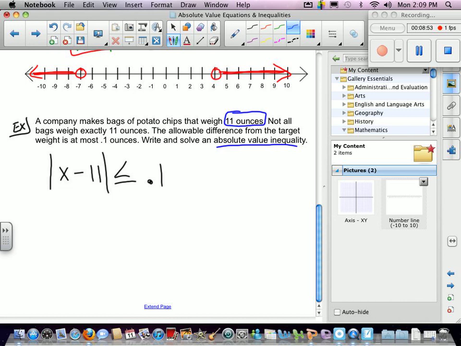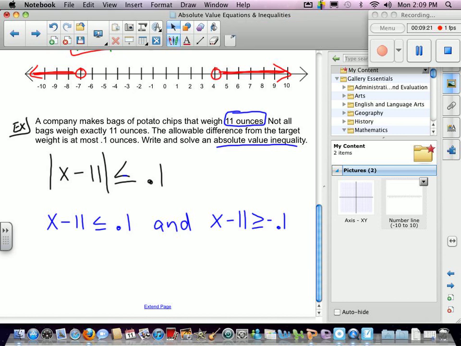So this is what we're going to have, and because it's less than or equal to this time, we're going to rewrite it that way, but then we're going to have the word "and" this time in between, and that's because it's less than or equal to, and we'll talk about that more in just a minute. So it's going to be x minus 11 is greater than or equal to -0.1.